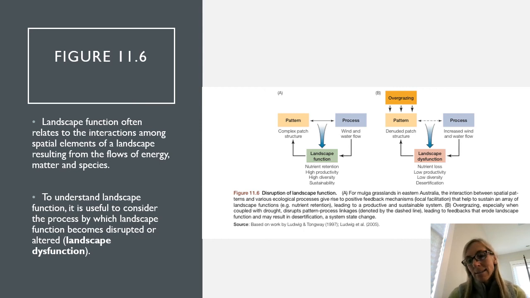If we add to that the perturbance of overgrazing, and especially if we couple that with drought, we see a disruption between that pattern and process. And that's, you see with the dashed line of the graph on the right. And that can lead to feedbacks that eventually erode the landscape and can result in a system state change of desertification over time.